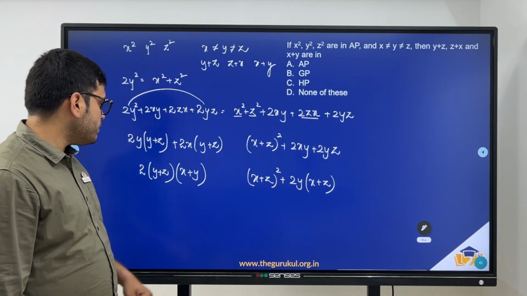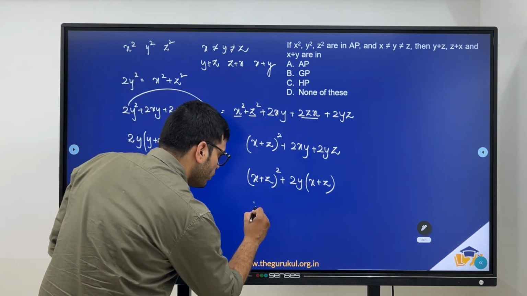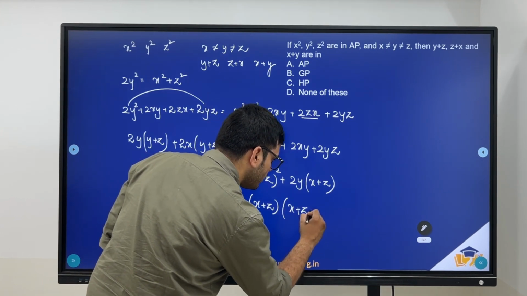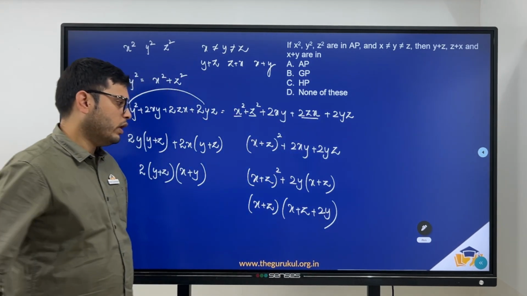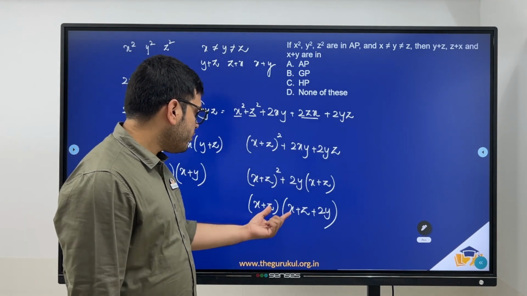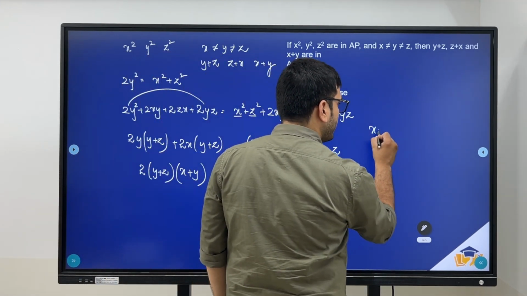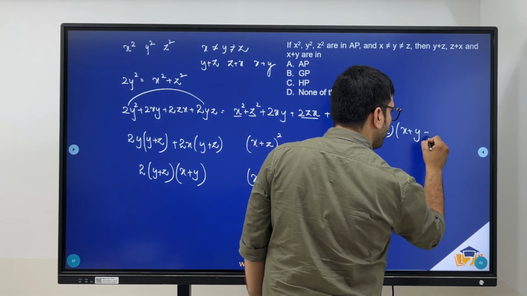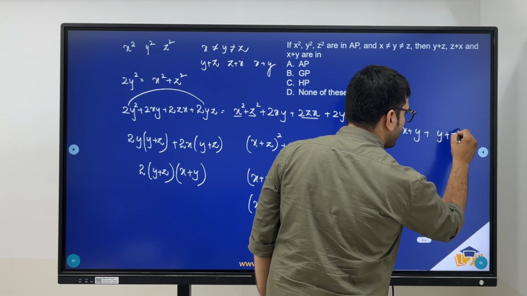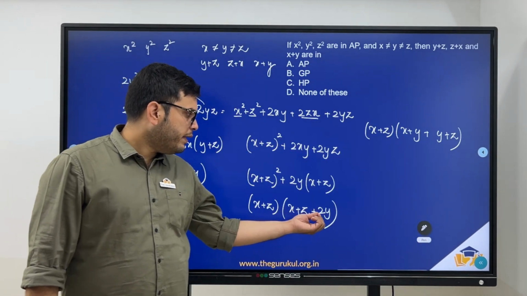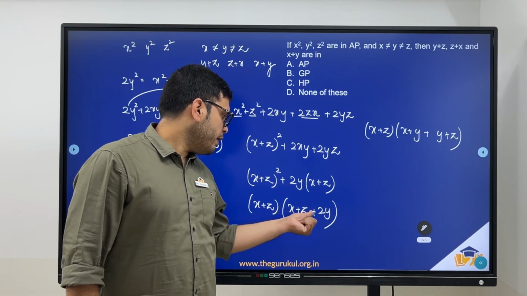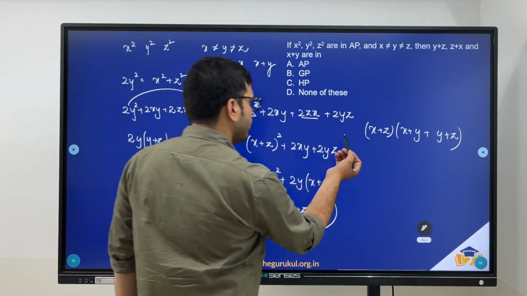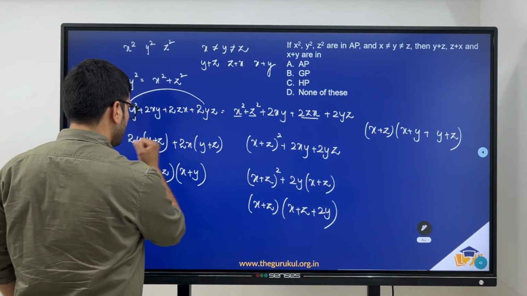So if I take x plus z common, (x plus z) into (x plus z plus 2y). Now I will write this as (x plus z) into (x plus y plus y plus z). I'll be splitting 2y as y plus y and rewriting this as x plus y plus y plus z, right. Now let me erase this part.